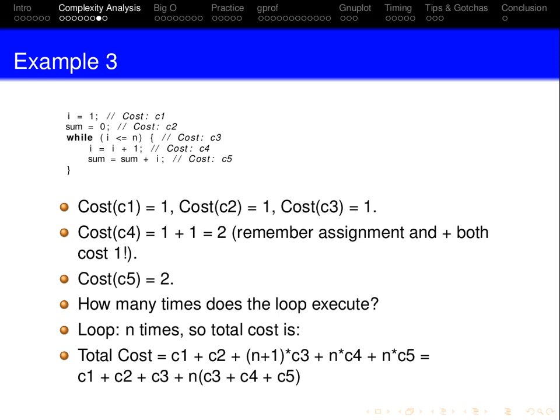I just simplified it this way. Anything else? That's great. Thank you for asking questions. Last class didn't. They had many problems with this. Why is C3 on both insides and C1 and C2 on the outside? Remember, it's n plus 1, so you get one of them out there, and then you would then have n times C3, C4, and C5.